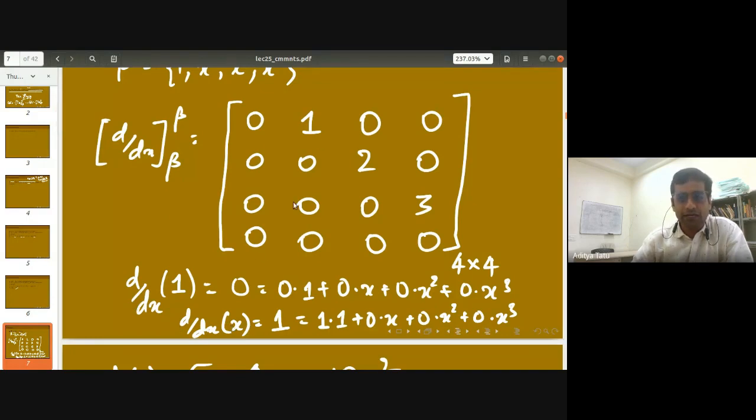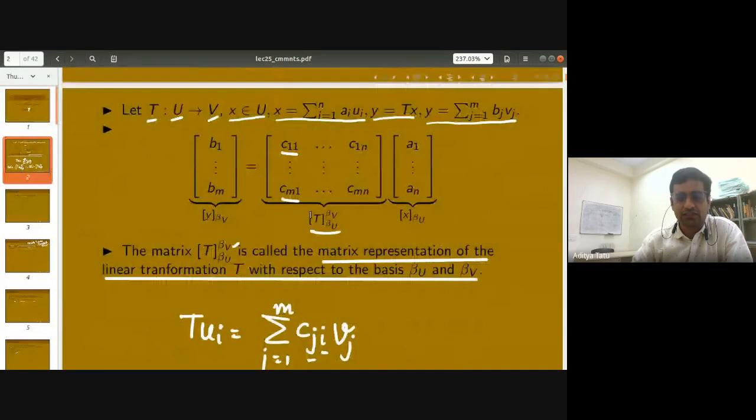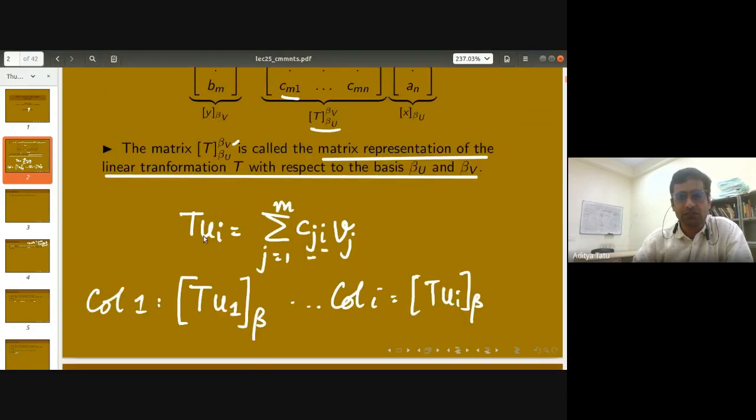So in order to find the matrix, if you look at this slide, what is the first column over here? C11, C21, etc. What are those? Those are the coefficients of TU1, right? As you can see over here. So if I want to find the first column, what should I do? I should first find TU1.